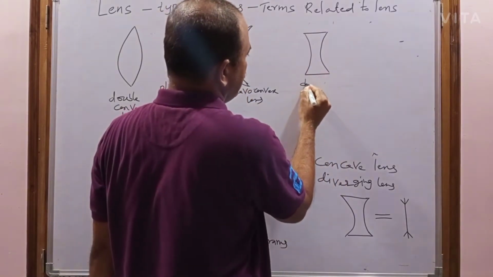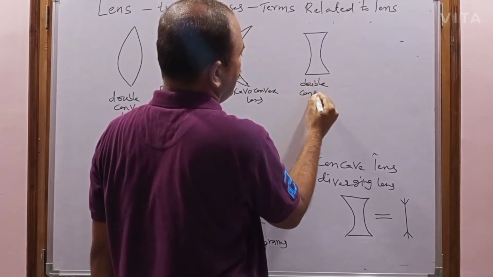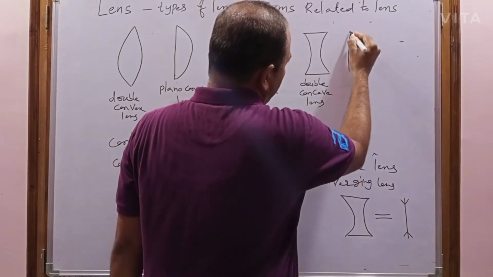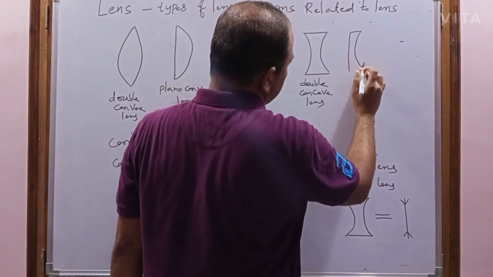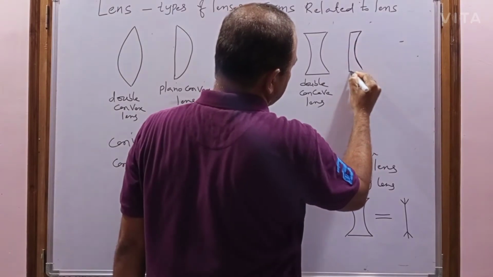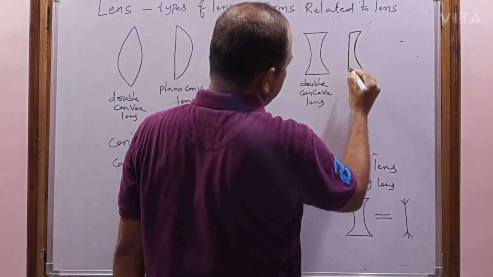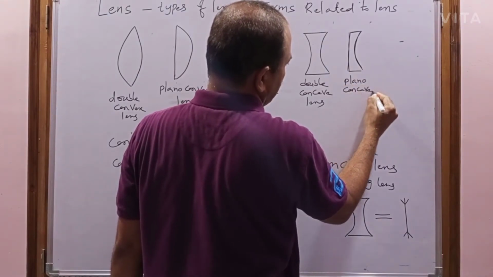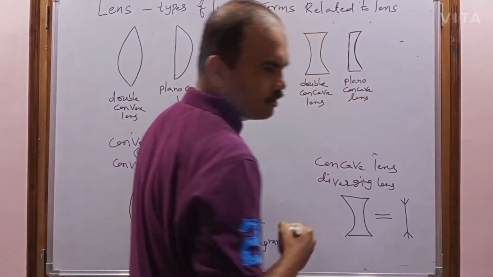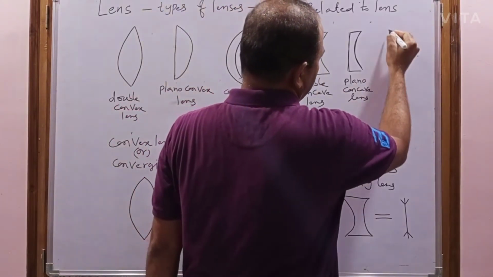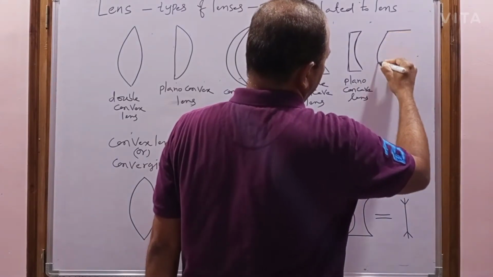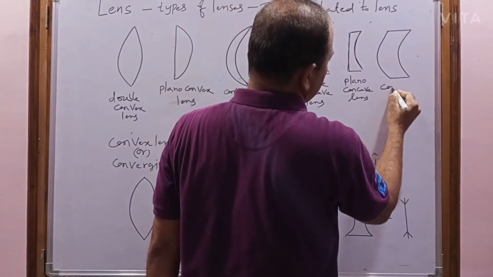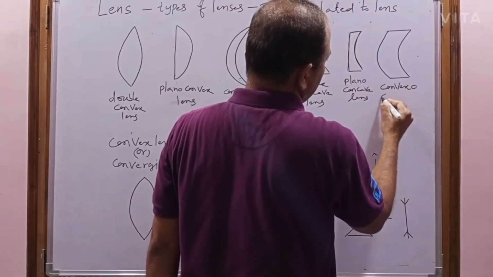Then the plano concave lens, or plane concave lens, where one surface is plane and the other surface is concave. And another one is the convexo concave lens.